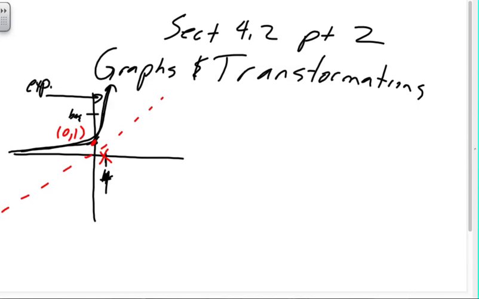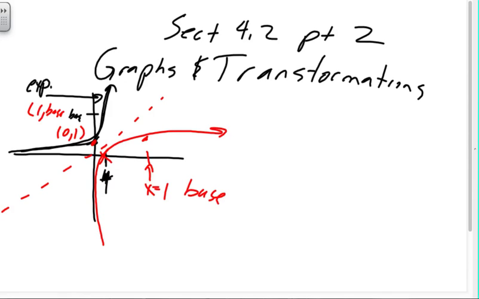Then I had a point here, which was 1 and my base. So I'm going to plot that as my base, whatever that is, and 1. So if you go to x equals 1, you should be able to read your base. And now if we graph these things, you'll see they're going to look like this.